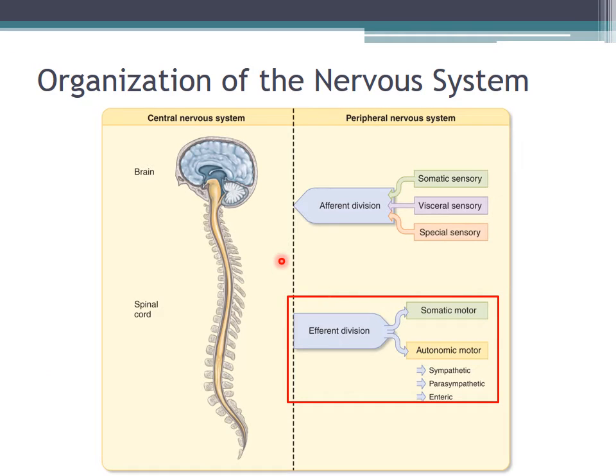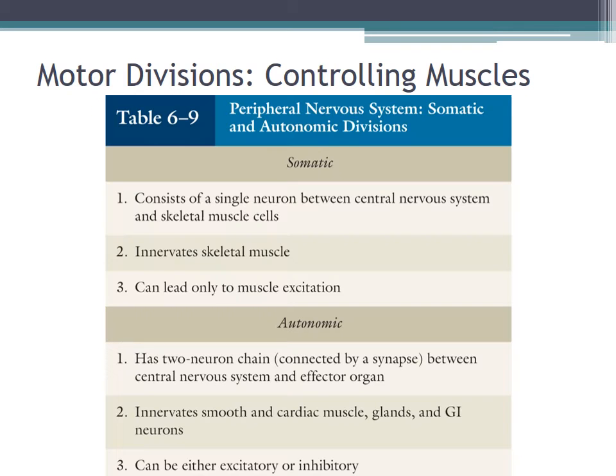What we want to move on to next is to look a little bit at some of the general features of our two divisions. Remember our motor or efferent division here, and the sensory or afferent division here. So we just want to look at generally how the neurons are organized and what neurotransmitters are used in these particular divisions.